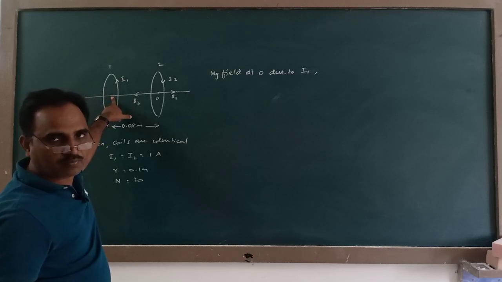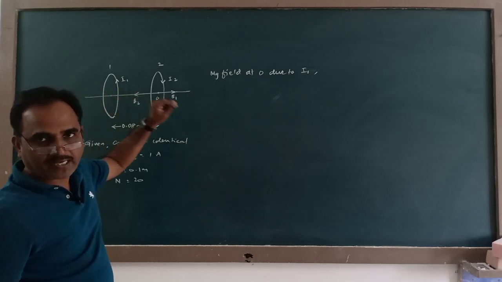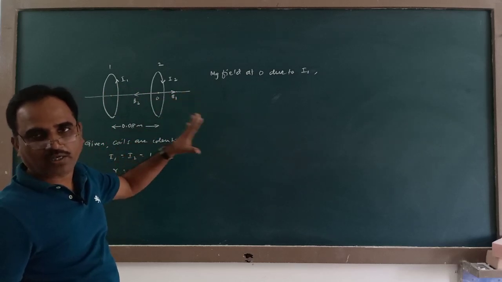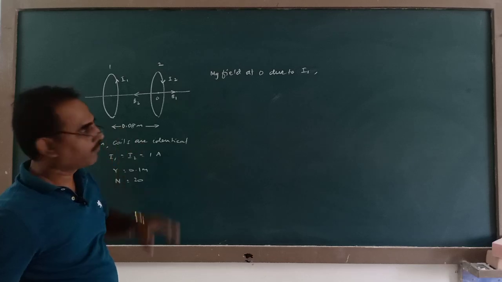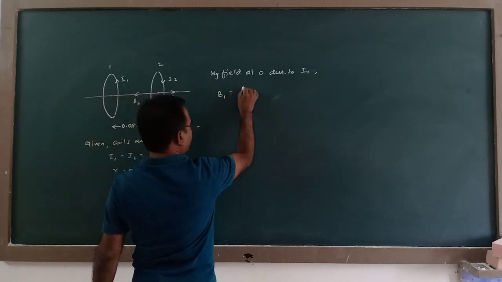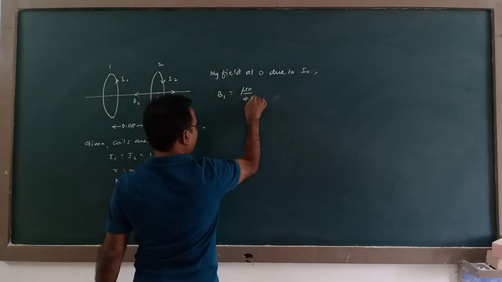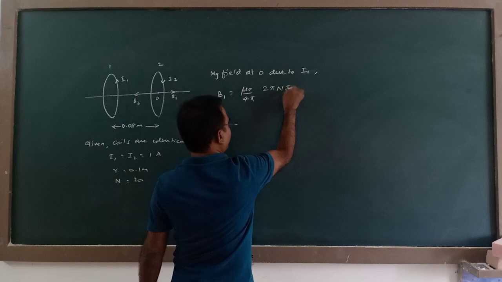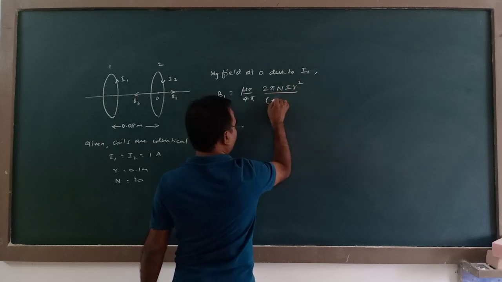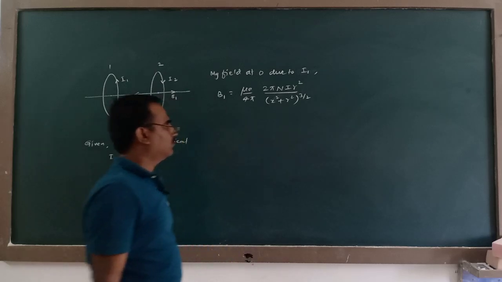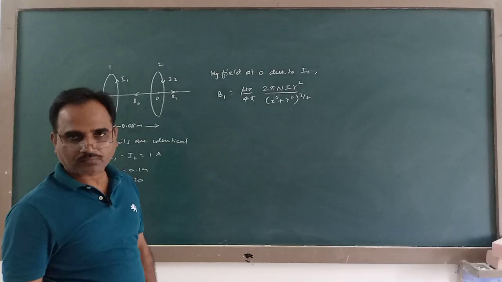That means you have to use the formula for magnetic field at a point on the axis of a circular coil carrying current. So this B1 is given by mu naught by 4 pi 2 pi N i r square divided by x square plus r square whole to the power of 3 by 2. This is the formula.